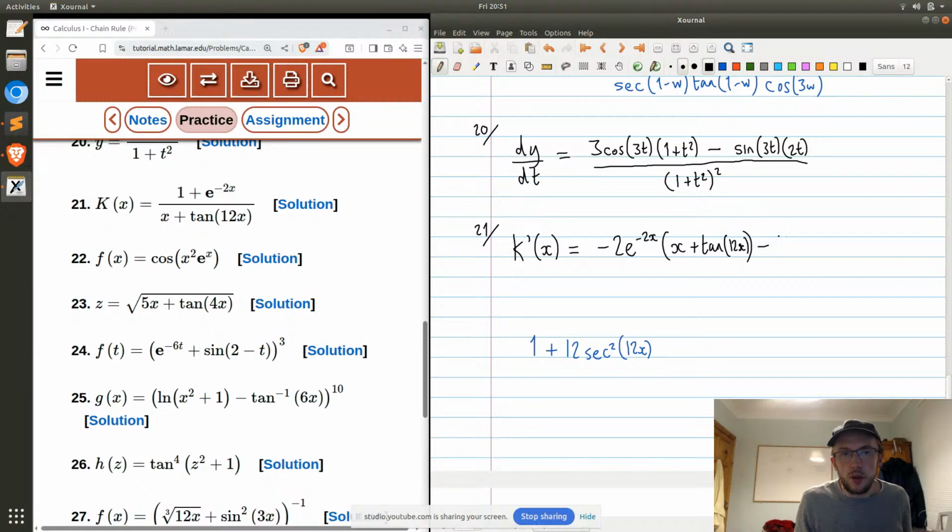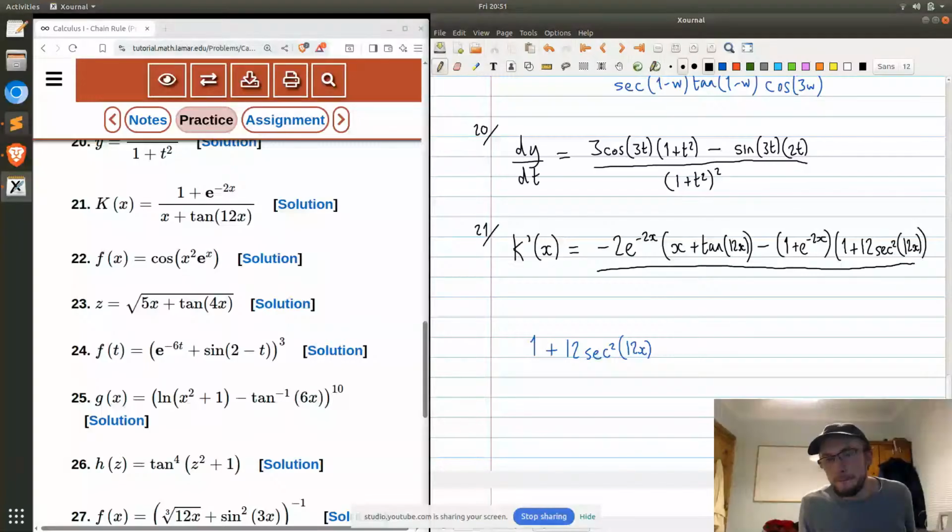And so top one left alone, bottom one differentiated. And bottom function squared.